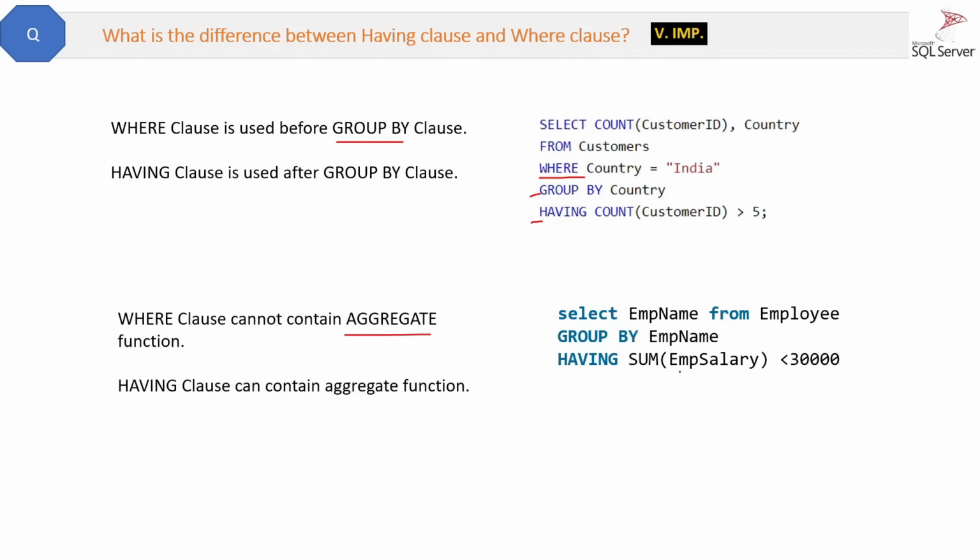What are aggregate functions? Like max, sum, these are aggregate functions, and you cannot use them with where clause. You can use aggregate functions with having clause, as shown in the query. So this is the important difference, and this is why we mostly use having, because it works with aggregate functions. So this is the difference between having clause and where clause.